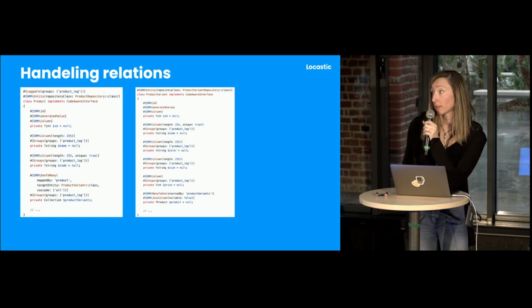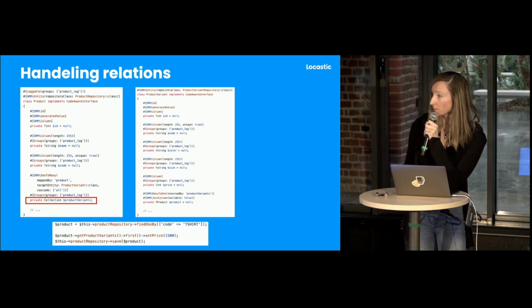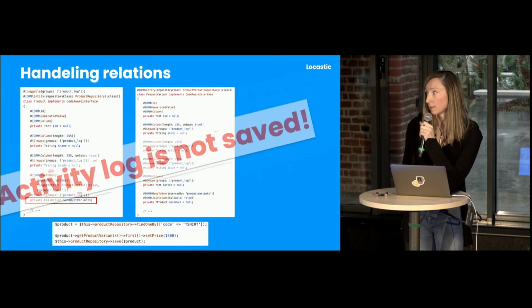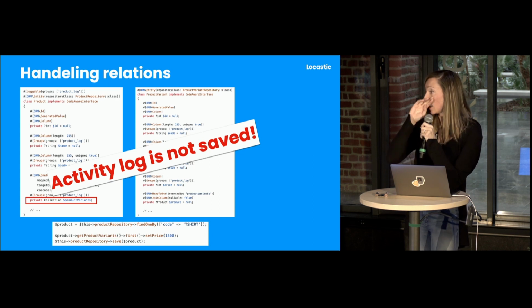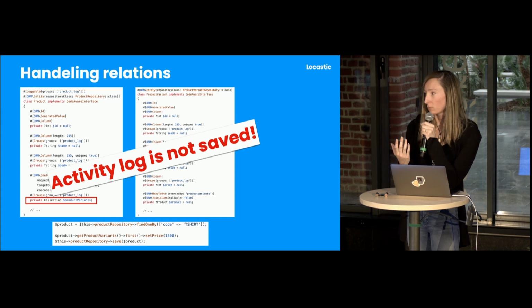So let's go back to our product and product variant. We can see we have a product variant collection inside of the product here. And if we have code like this, so if we only change the product variant field price and we save the product object to the database, then the activity log won't be saved. Why is that? Well, because the Doctrine listener can't really figure out that you wanted to save the product instead of the product variant, and the listener will be triggered only for the product variant here, because basically no change happened on the product.